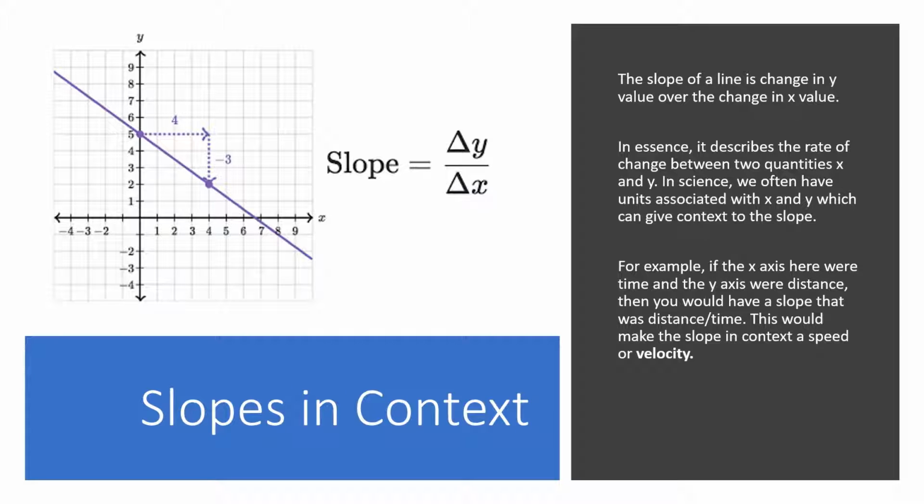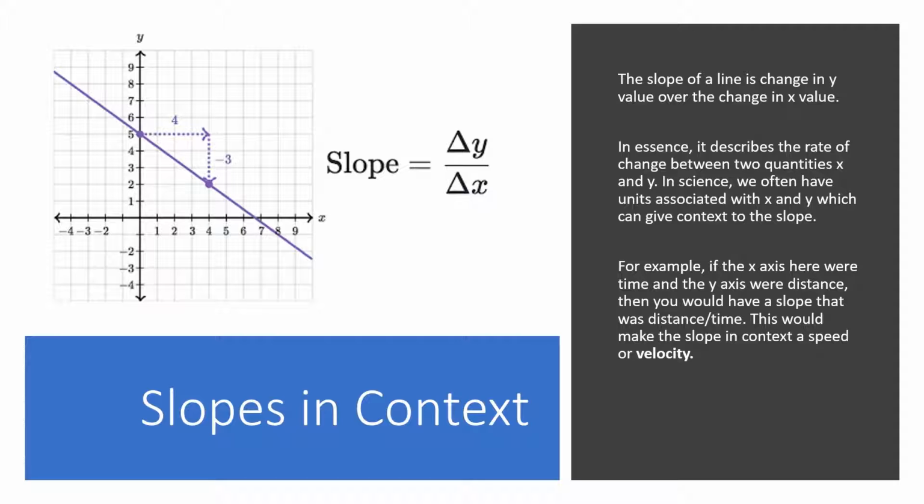So slopes in context, like the slope is the change in y over the change in x. And when we talk about context, what we're saying is that x and y have been assigned things like time or position, velocity, etc. So a normal situation doesn't really have a context when you're just solving a basic math problem.